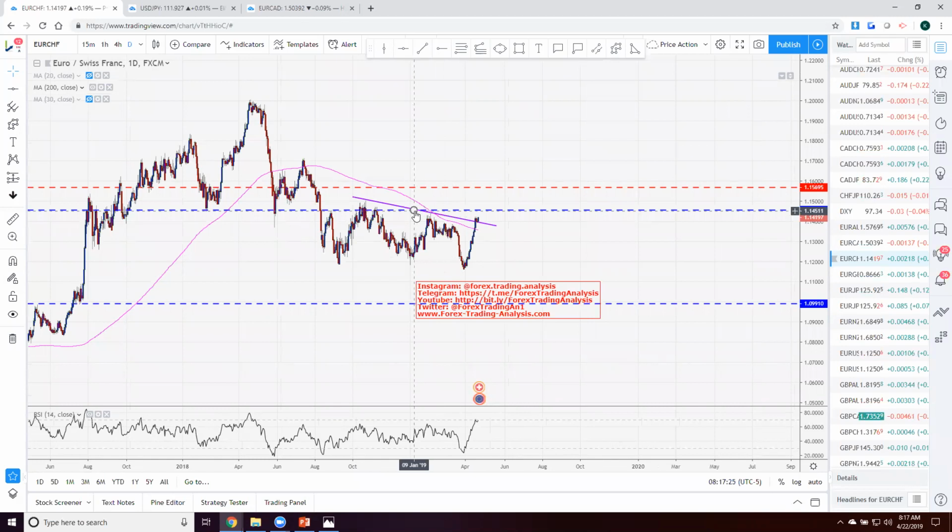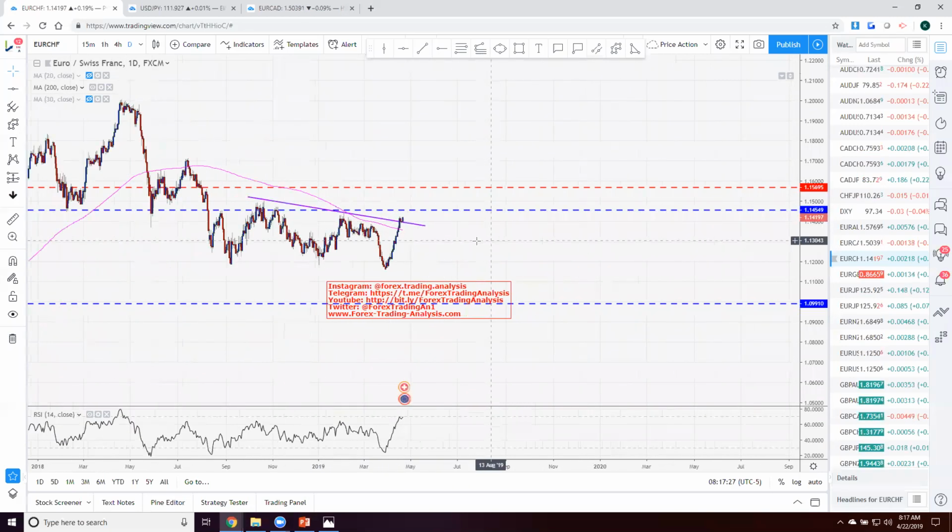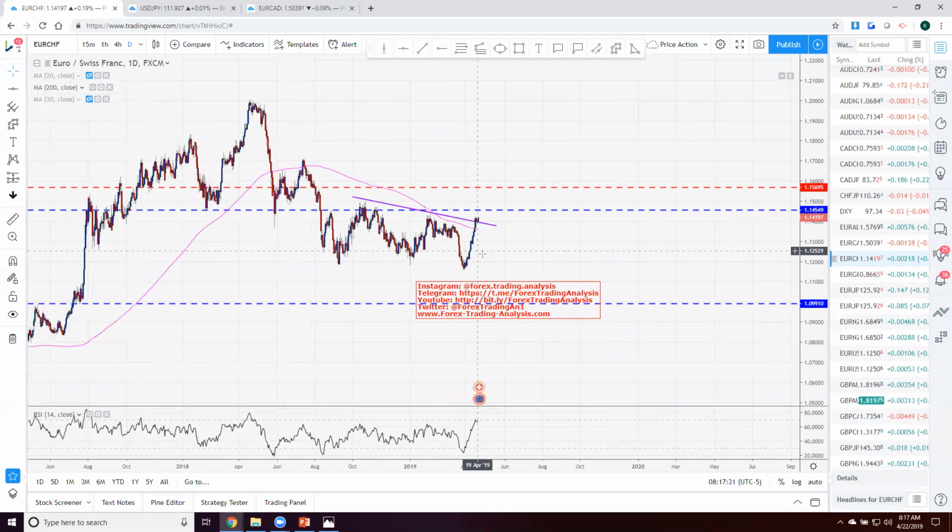Kind of at a trend line resistance after a big move up in the pair over the last couple of weeks.